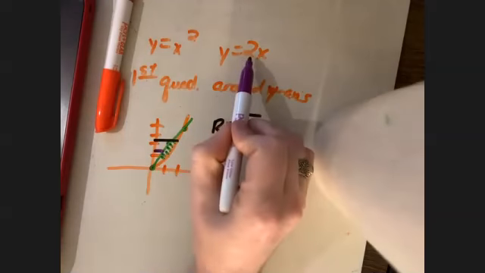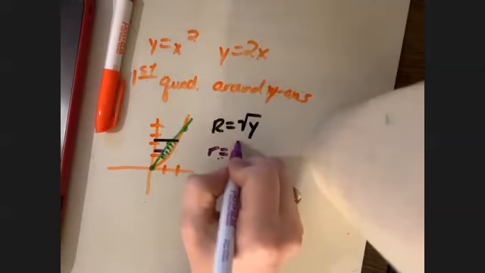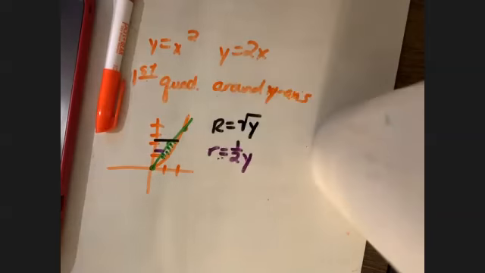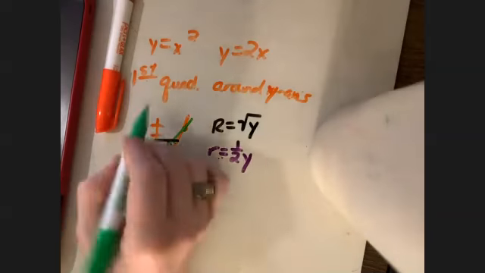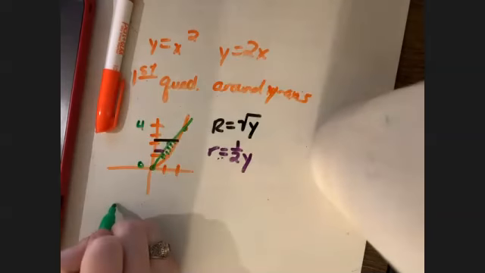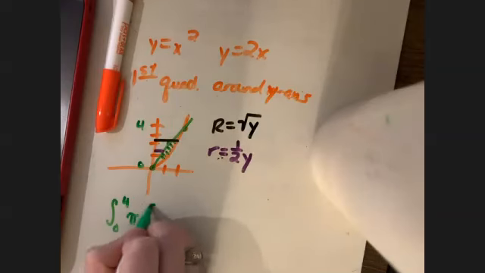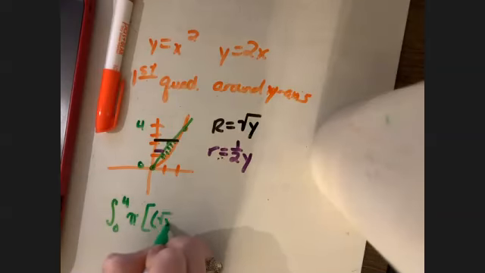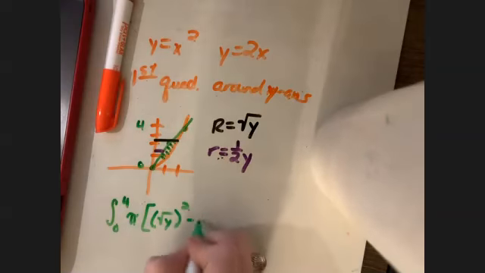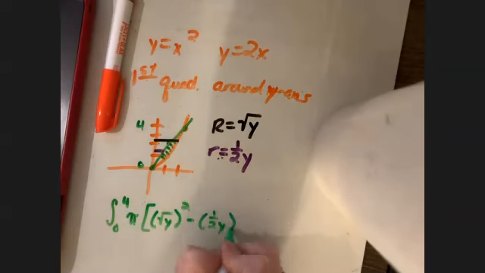Now again, this needs to be in terms of y, so that's going to be 1/2 y. We are bounded low at 0, high at 4. So we are going to integrate from 0 to 4 pi big R squared minus little r squared.